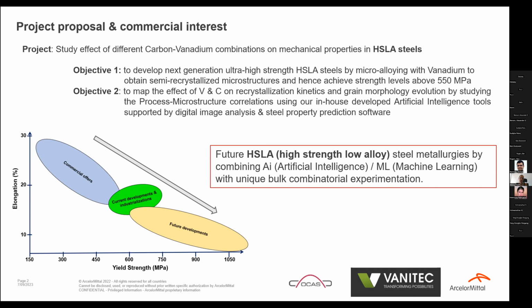We want to do that by using artificial intelligence tools linked with digital image analysis and prediction software, to be more objective in the way data is processed, and maybe also see correlations that we did not think about in advance. So this proposal is on the table.